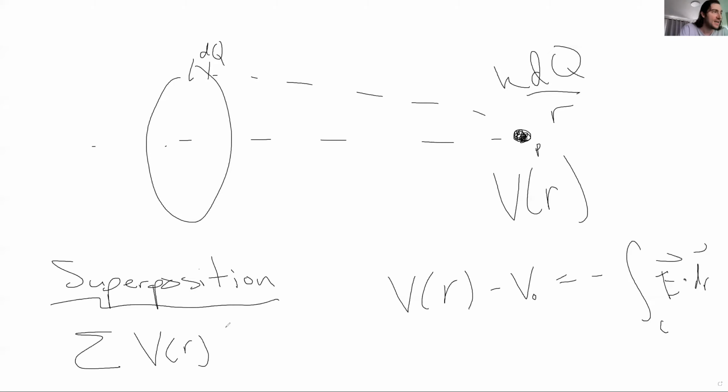You just add them up as numbers. They can be positive or negative, but you don't have to worry about vector components. The only thing that's relevant here is the distance between the charge and the point you're interested in. So actually these integrals are even easier than the integrals in the previous chapters.